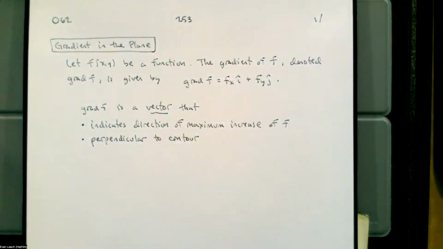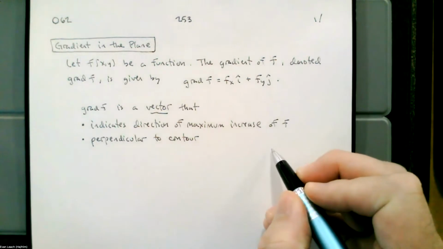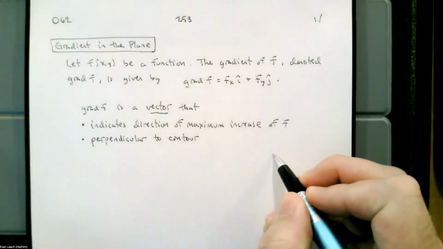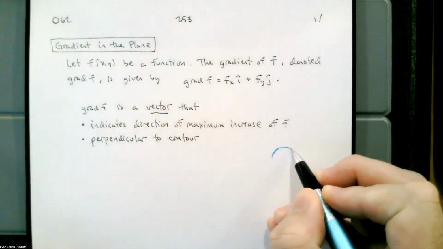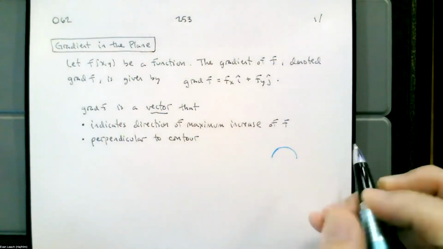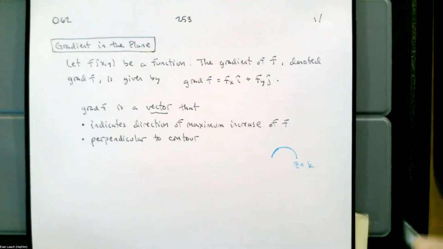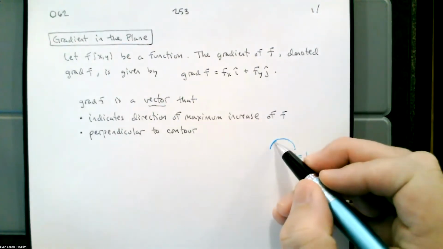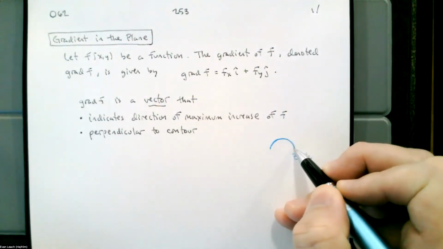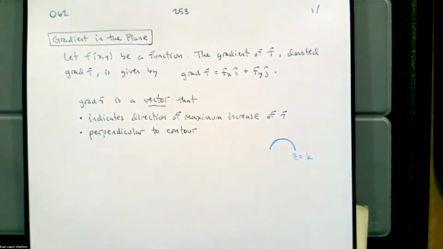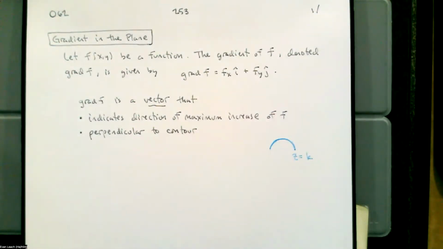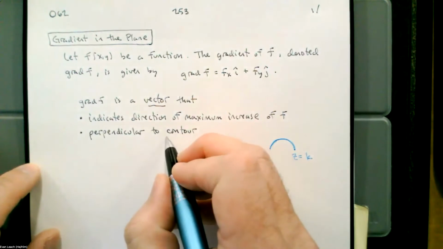So if we have a contour, if we walk along the contour, f is not changing. Contour is where the function is constant.